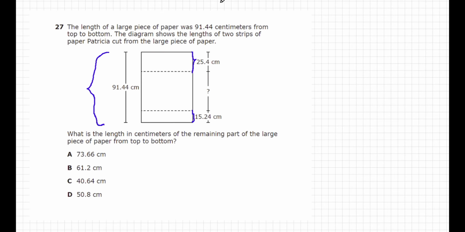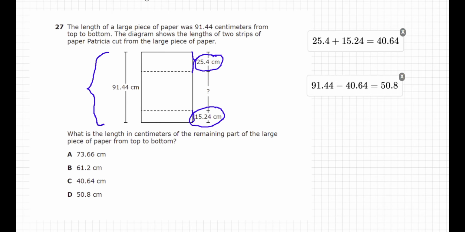To determine the length of the remaining part of the large piece of paper from top to bottom, let's add the lengths of the 2 strips of paper Patricia cut from the large piece of paper, which are 25.4 plus 15.24 equals 40.64. Then subtract that sum from the length of the paper, which is 91.44 minus 40.64 equals 50.8. Therefore, D is the correct answer.